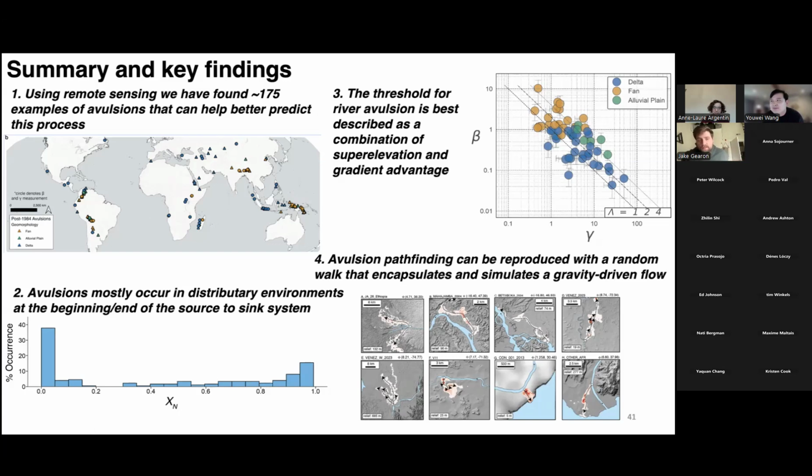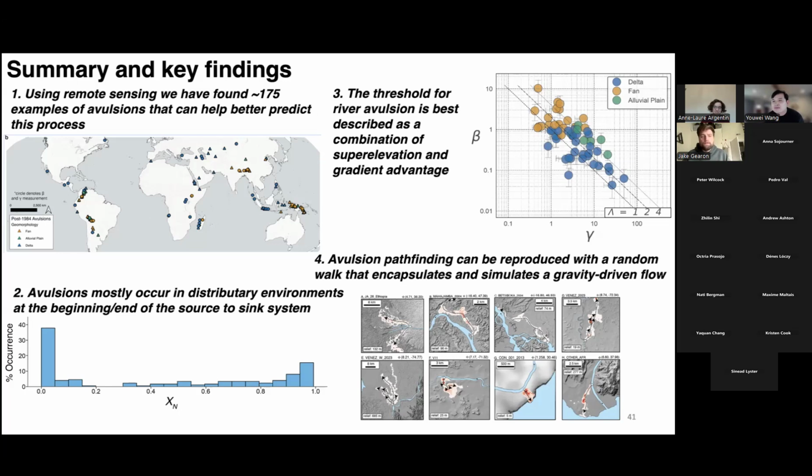But as far as the plan form affecting the avulsion model, especially the pathfinding model, since we're working with digital elevation data that is a little bit older, with more active rivers, particularly the braided rivers and the fans, you could expect a decent amount of reworking.